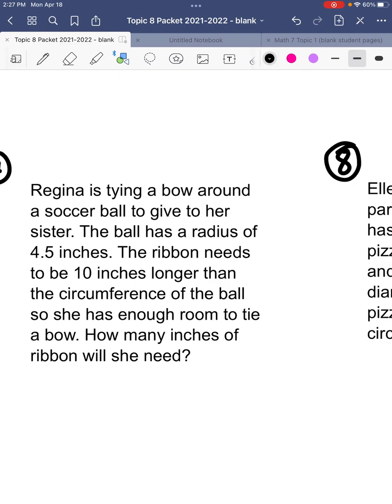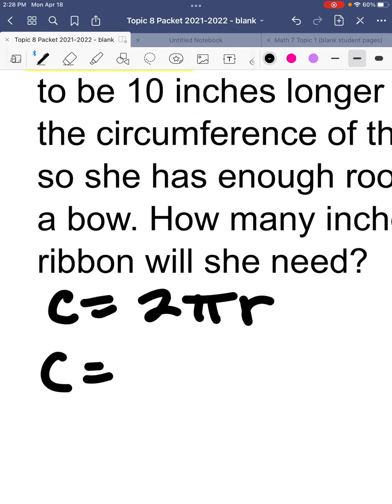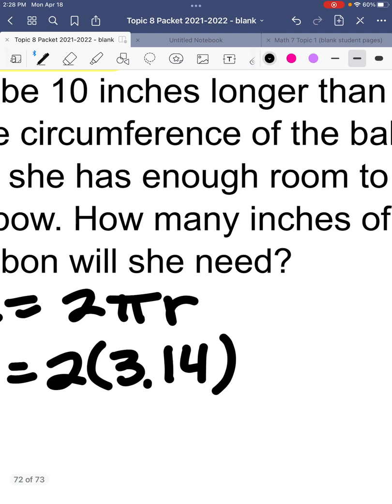Okay, so first I need to find the circumference. So we're going to use our formula, C equals 2 times pi times the radius, right? And it tells me that the ball has a radius of 4.5 inches. So for R, I'm going to use 4.5. So C equals 2 times 3.14 times 4.5.